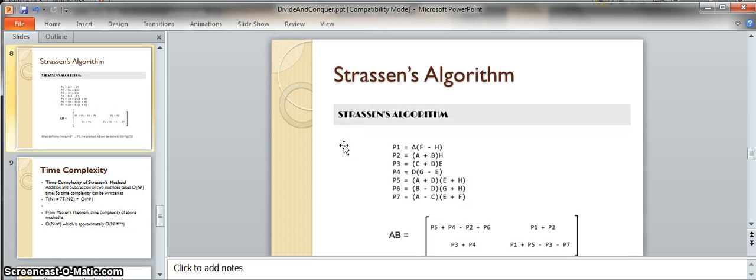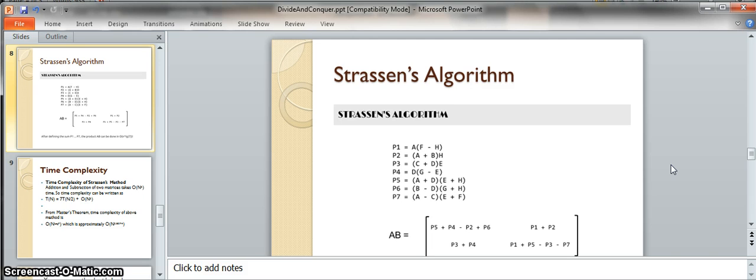Of course, in order to get a faster solution, we have to look as Strassen did in 1969. He defined 7 factors: P1, P2, P3, P4, P5, P6 and P7.